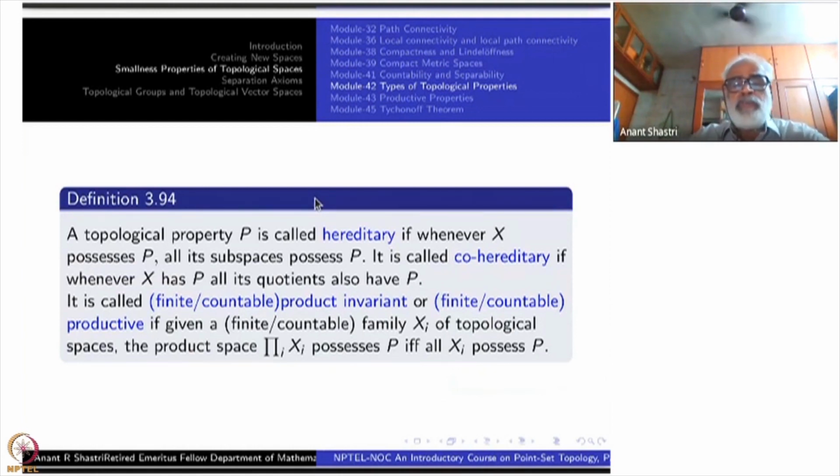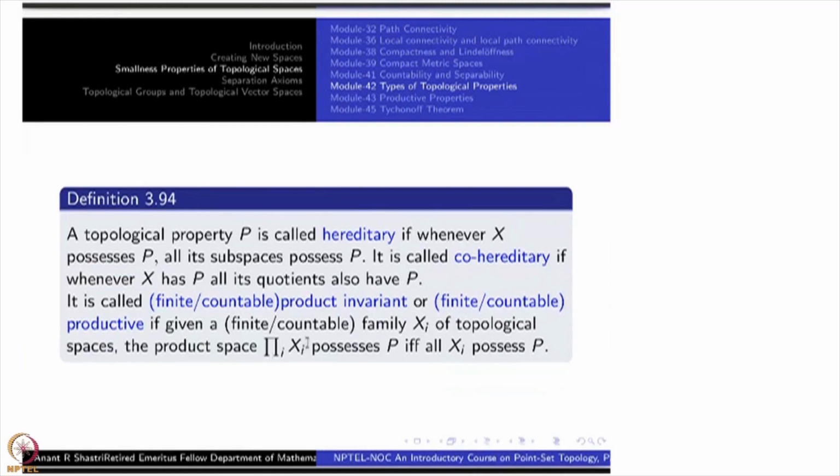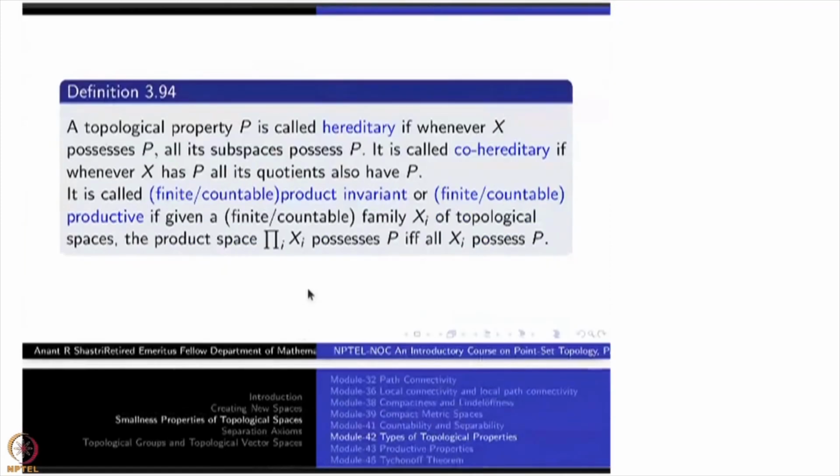Whenever a finite or countable family of Xi's is given, if each Xi has a property then the product should have it, and conversely, if the product has it, each factor should also have it. Sometimes people don't bother about the converse: whenever each Xi has it, its product has it, it is called product invariant. The other one they may call factor invariant.